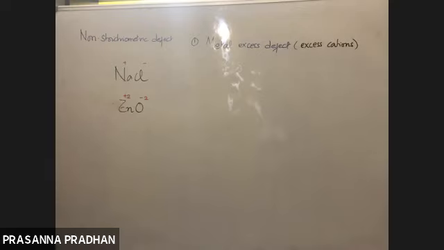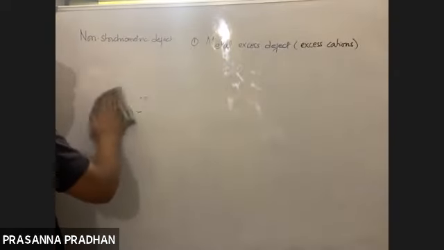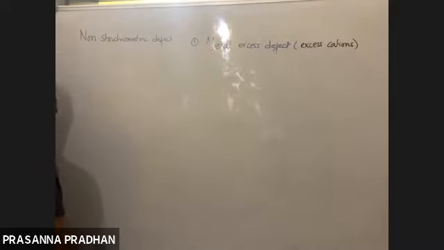Okay, now how can there be a metal excess defect? Again, metal excess defects are of two types.